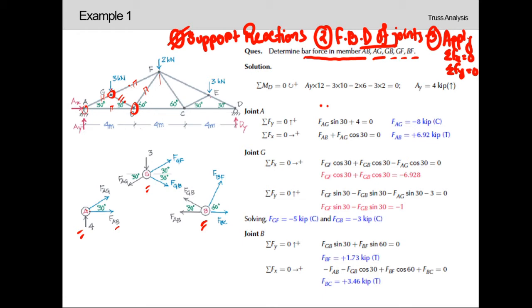So for G joint, we can see here 3 kilonewton load acting in vertical direction. And now if we draw a straight horizontal line over here, as this angle is 30°, this will be the alternate angle, so this alternate angle will be also 30°.